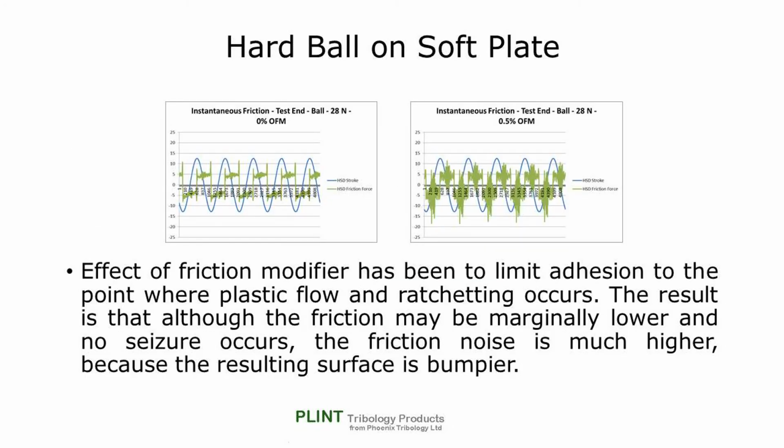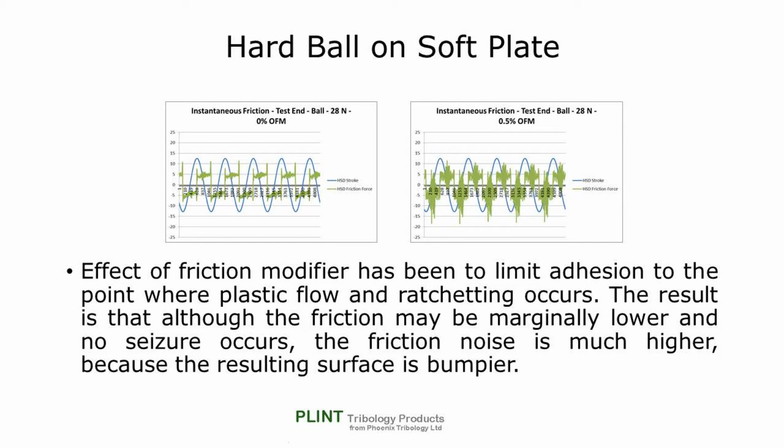The effect of the friction modifier has thus been to limit adhesion to the point where plastic flow and ratcheting occurs. The result is that although the friction may be marginally lower and no seizure occurs, the friction noise is much higher because the resulting surface is bumpier.